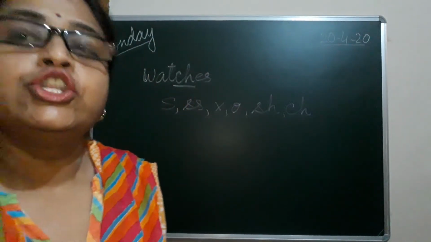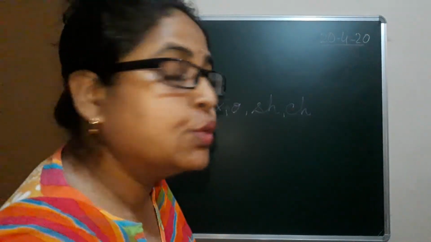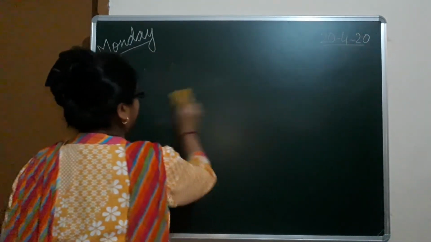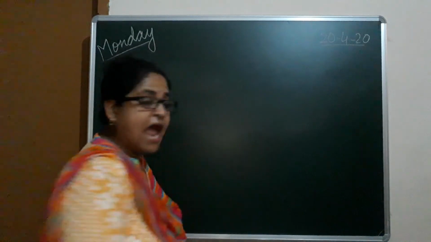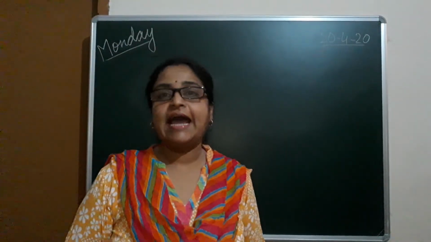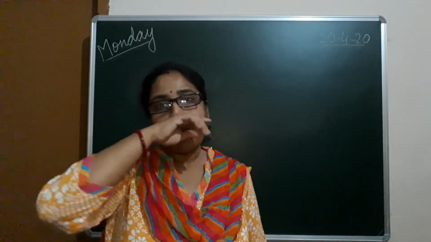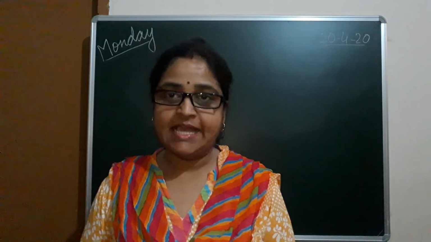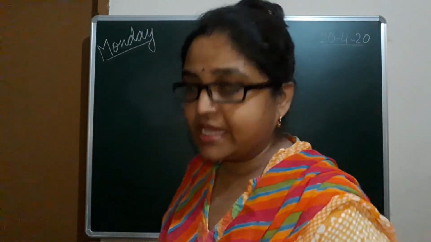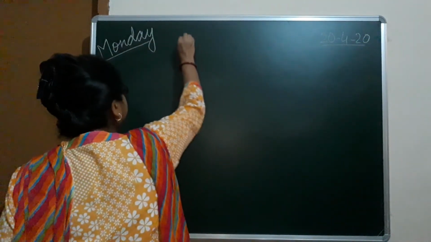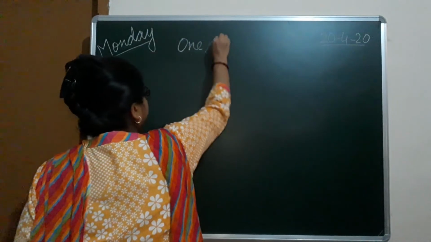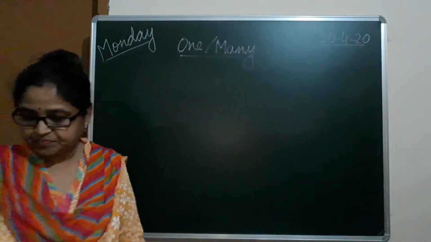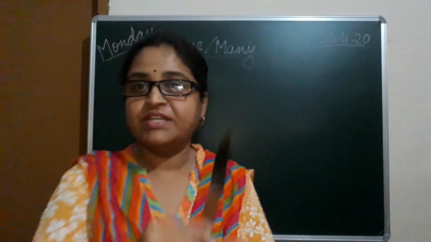Yes. Now children, today we are going to start a new concept of singular and plural, and that is adding VES at the end. Okay, now children, there are some words in which we add VES at the end to make those words plural. And let's see what those words are. Like, what is this?